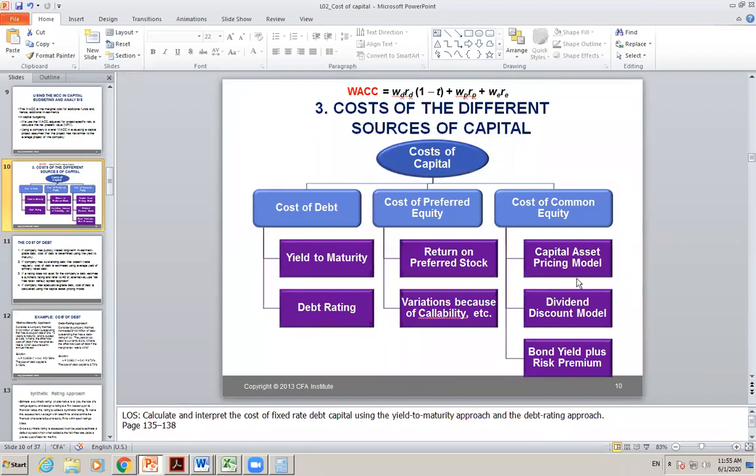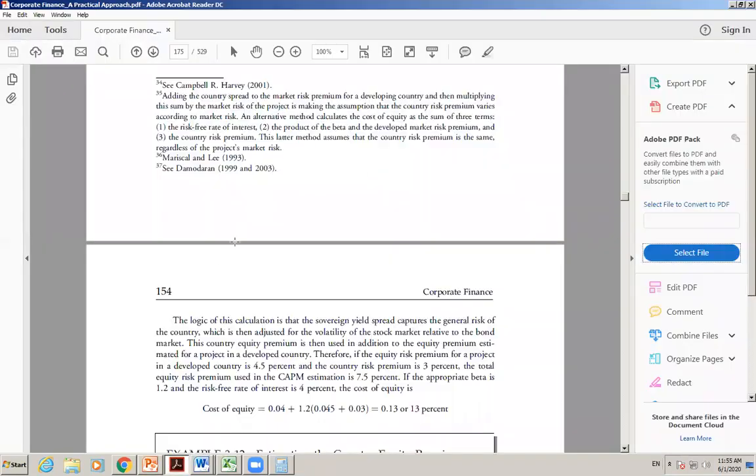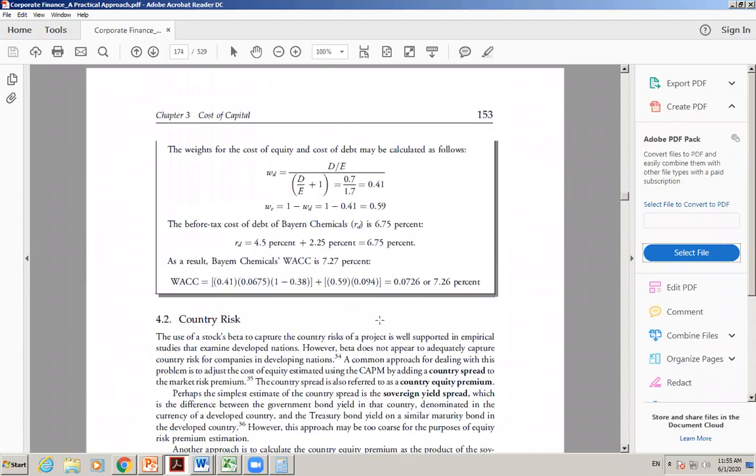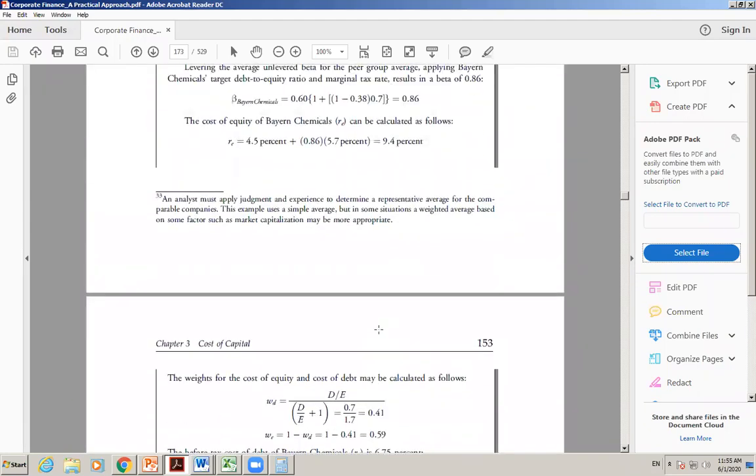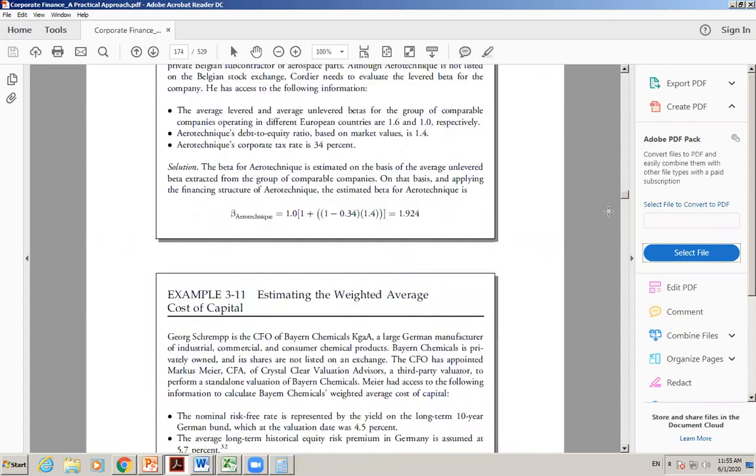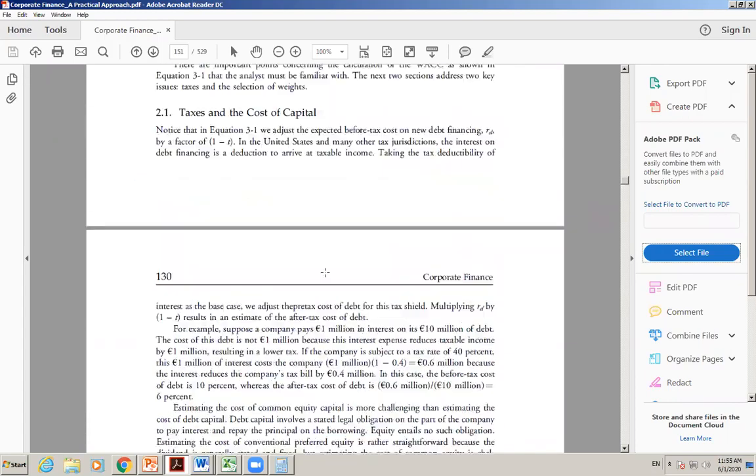When we finish the cost of common equity, we're going to have a big example of how to calculate the weighted average cost of capital, okay? And at the end, this will be given to you as a big comprehensive exam. And guys, at the end of the chapter in the book, there are questions that you have to solve, like chapter 2 that we finished.